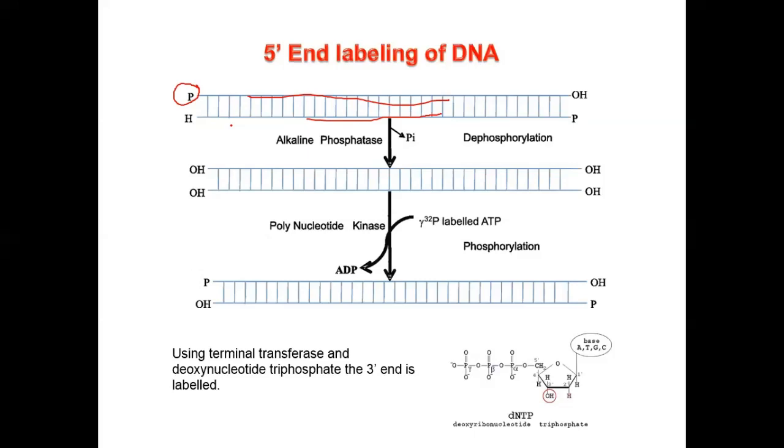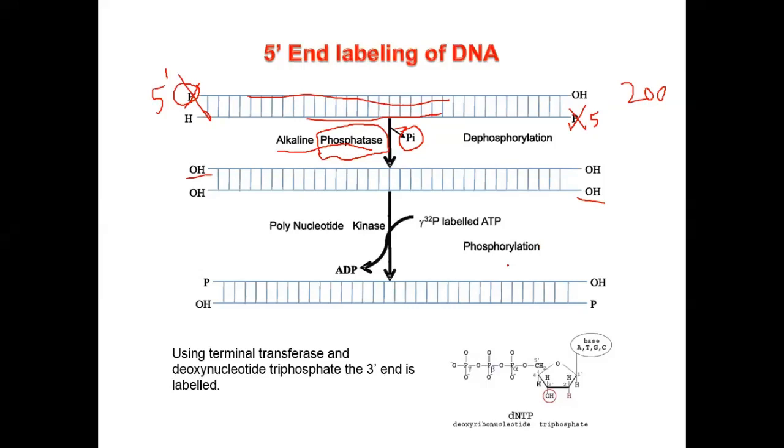First of all, you take the probe, which is about 200 to 300 base pairs, and you have to treat the probe with alkaline phosphatase. As the name indicates, phosphatase means removal of phosphate. The phosphate at the 5' end of one strand and another phosphate at the 5' end of the other strand are removed and replaced with an OH group.